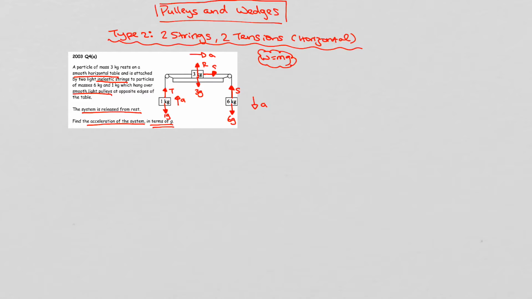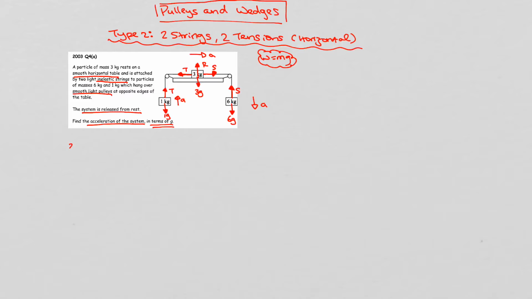So again, we'll have S acting away and T acting away from the 3 kg. Okay, so now we have our overall big picture. We're going to take this picture apart and we're going to look at each individual particle and draw force diagrams acting on each particle so we can set up our simultaneous equations and then solve.